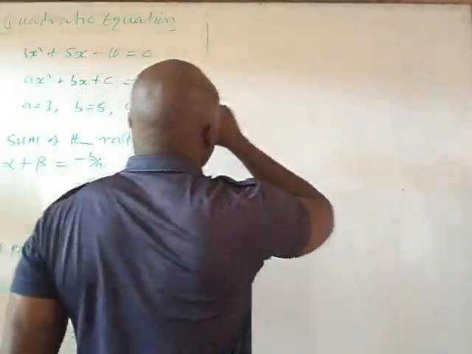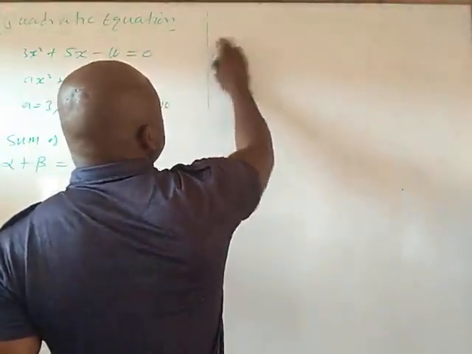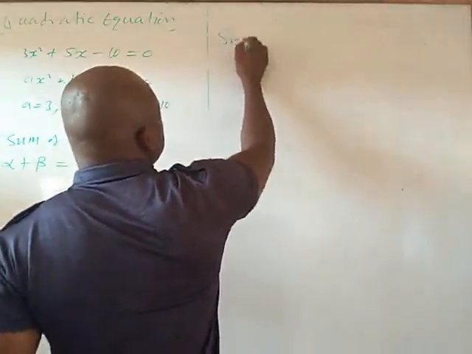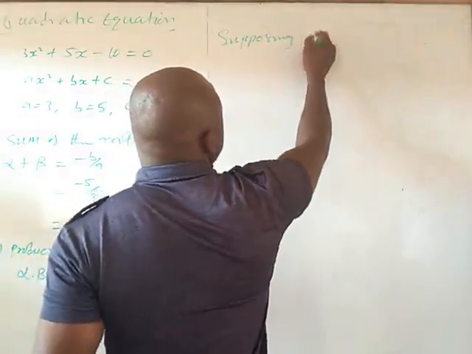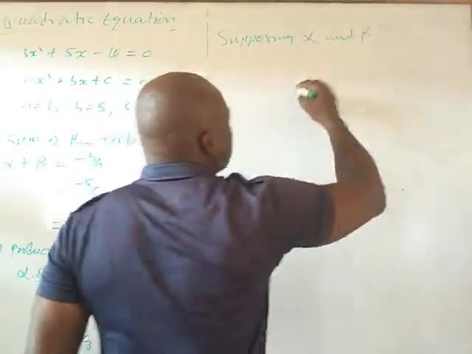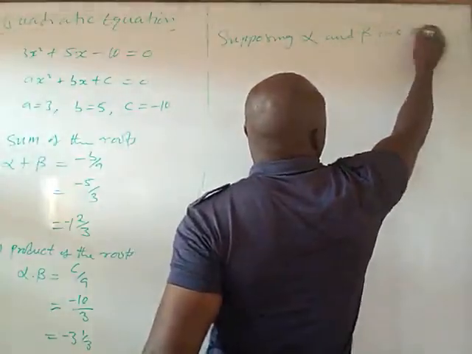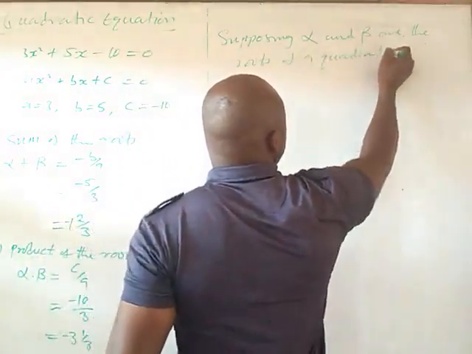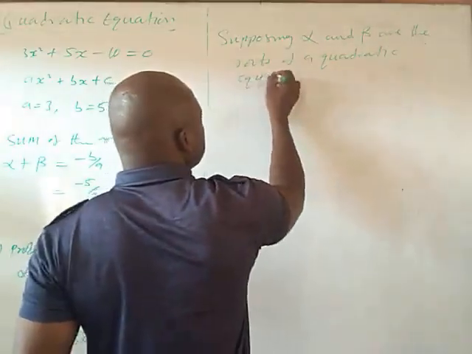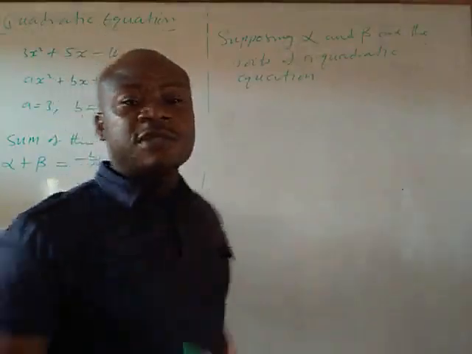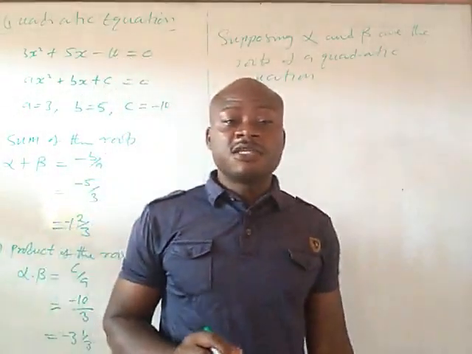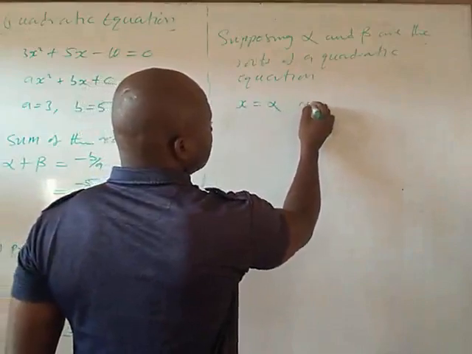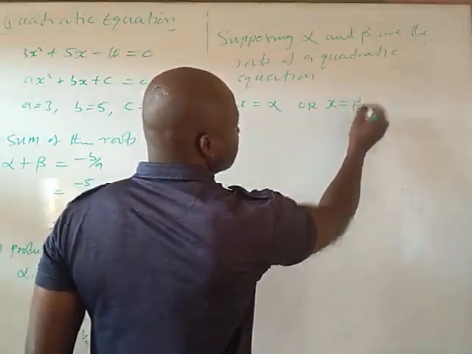Now, supposing alpha and beta are the roots of a quadratic equation, therefore it simply means our x is equal to alpha, or our x is equal to beta.